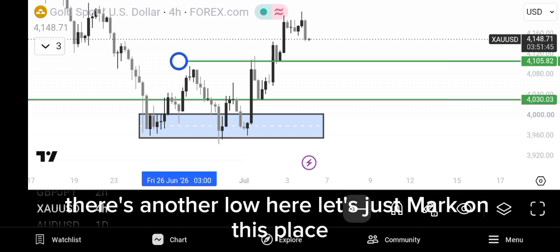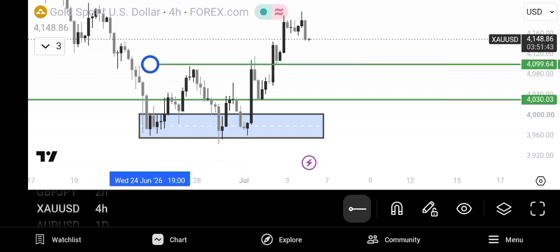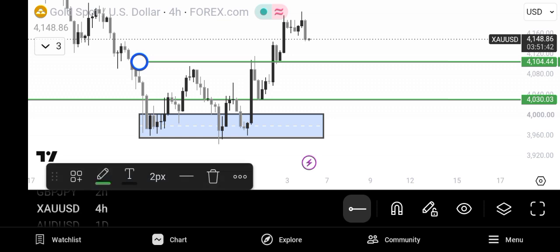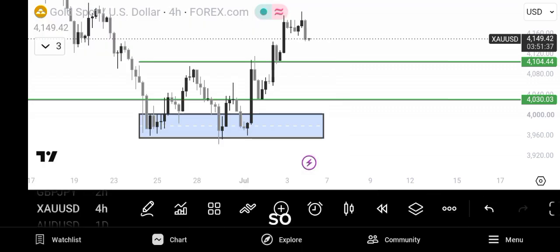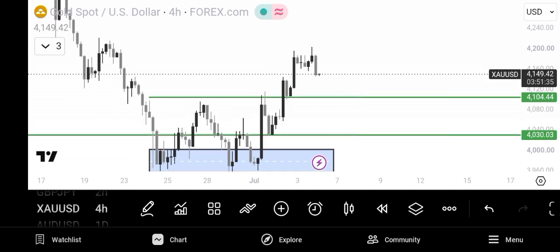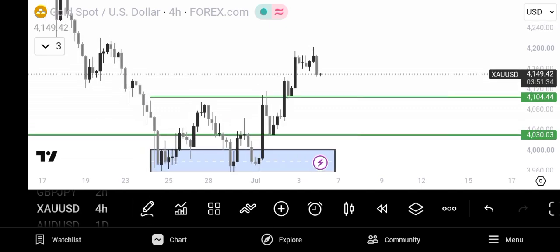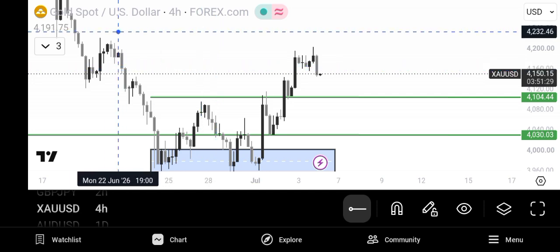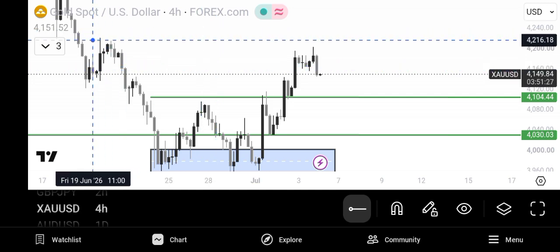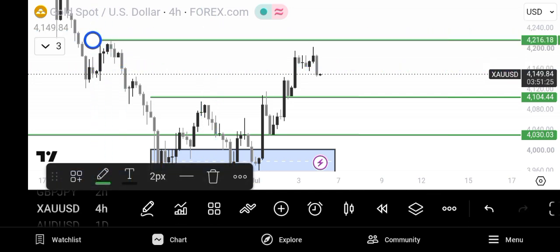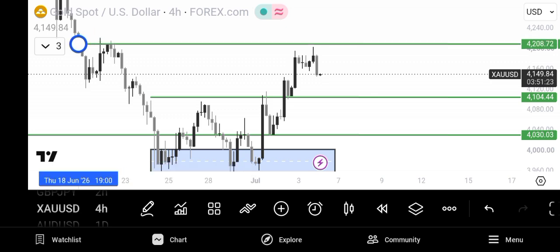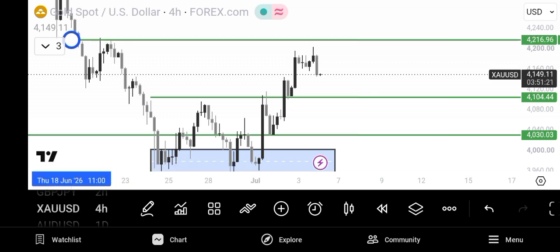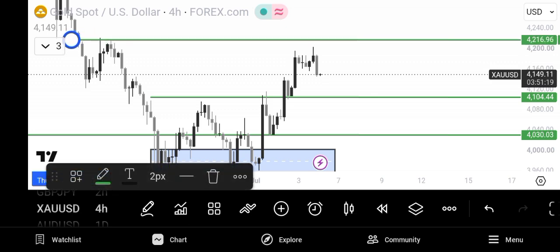There's another low here. Let's just mark from this place. This high here, not this previous high.